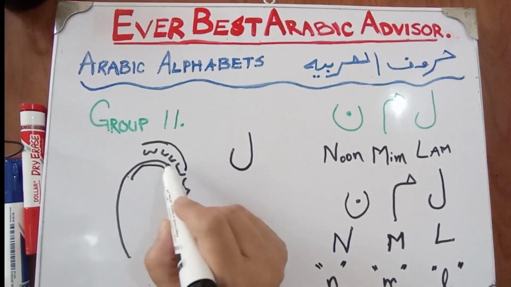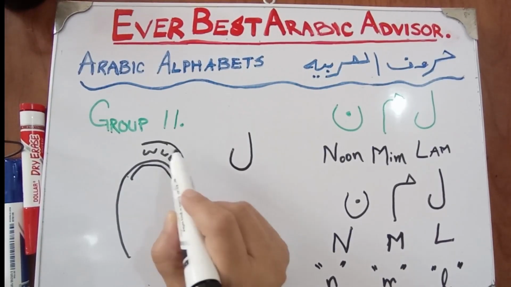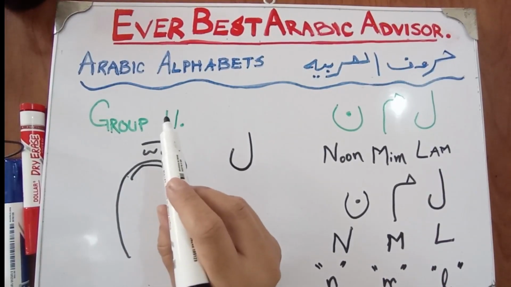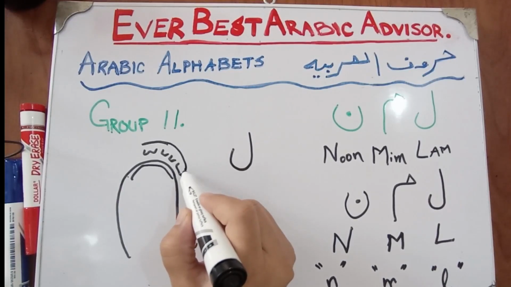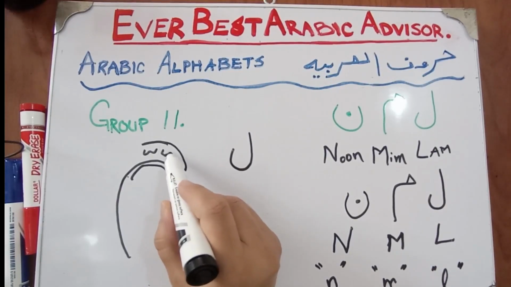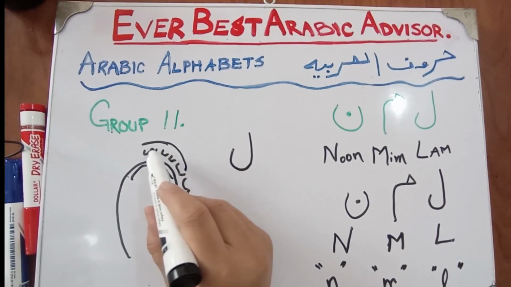The front part of the tongue touches the premolars, the two adjacent teeth and the incisors on each side. Lam, Lam.